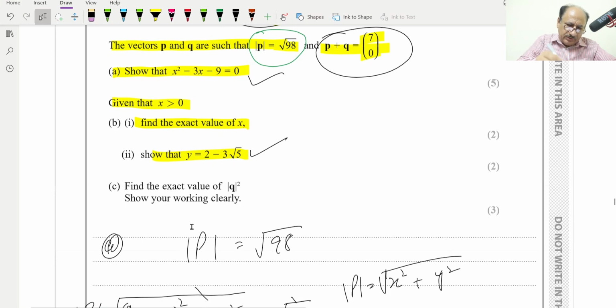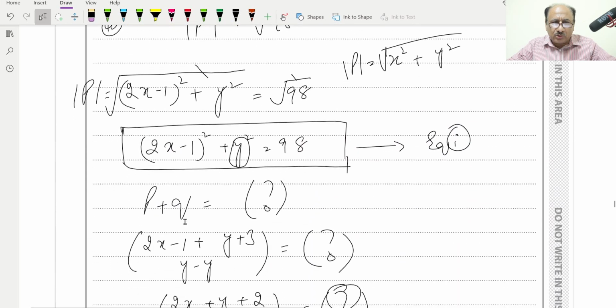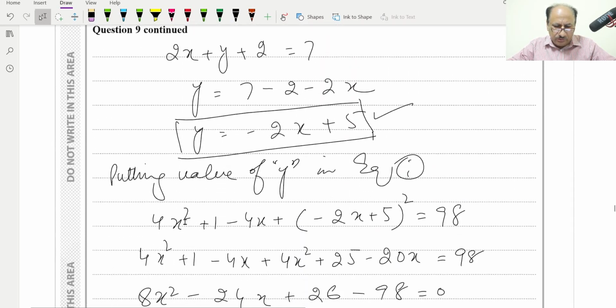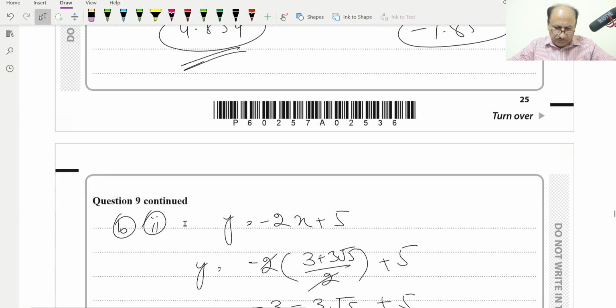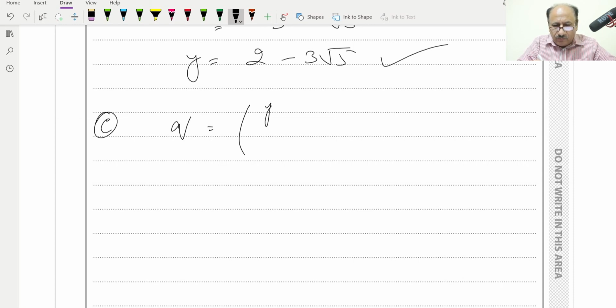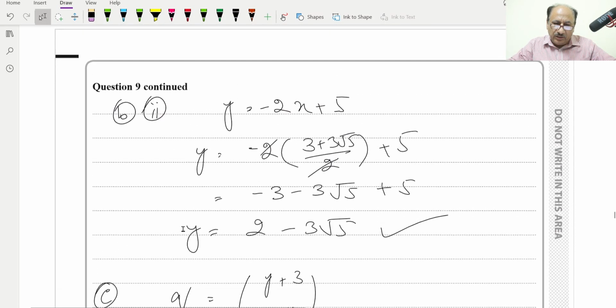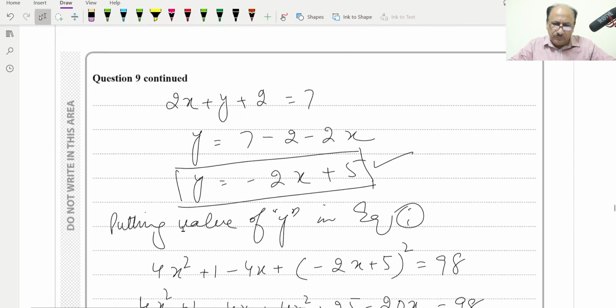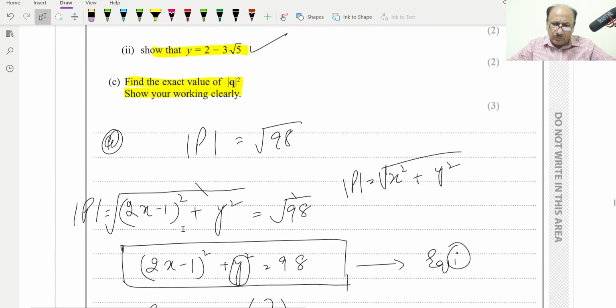Then the next part is saying find the exact value of q square. Show your working clearly. Now for q square, we know q is equal to y plus 3 minus y, and this value we have taken from the main question.